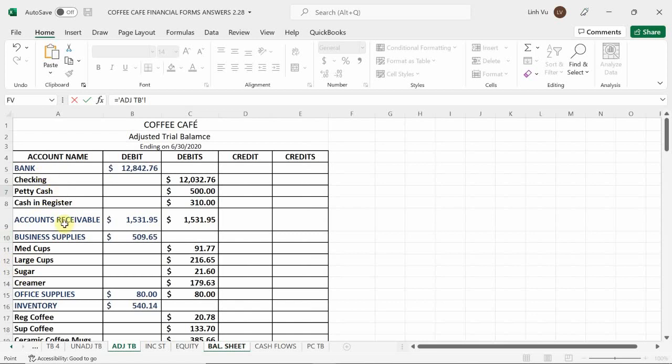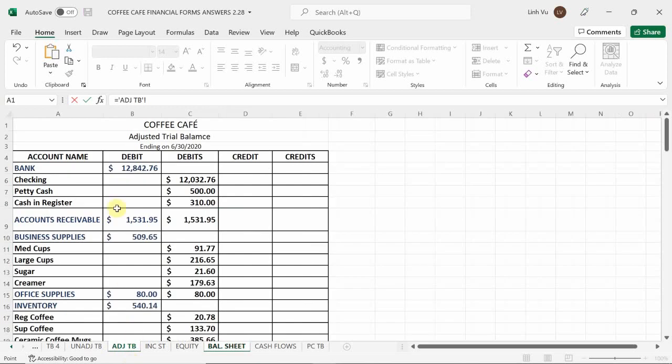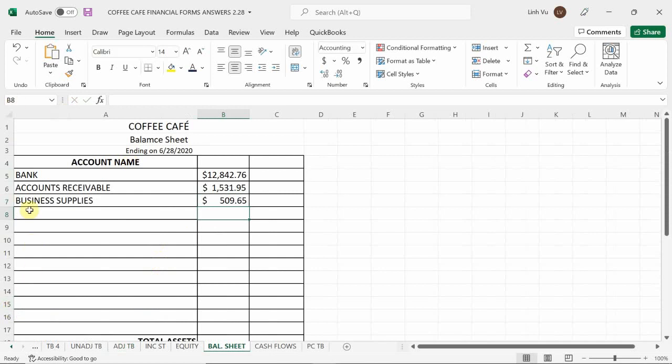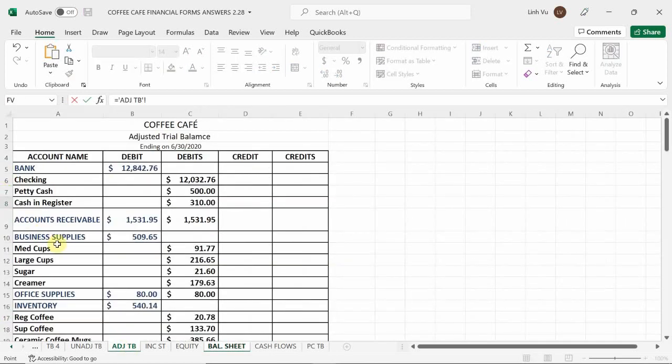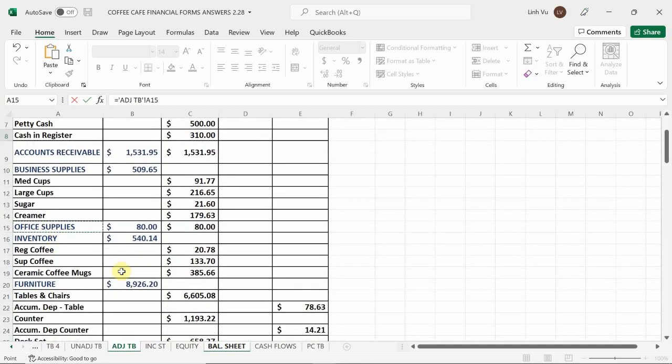Okay, let's see what my next main account is. So my next asset is my business supplies, which is currently, right after making the adjustment, at $509. Okay, so I'm only highlighting main accounts here. Next asset is my office supplies, right?